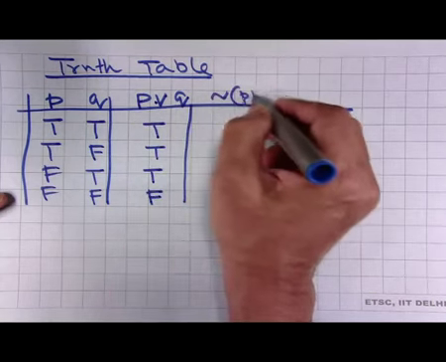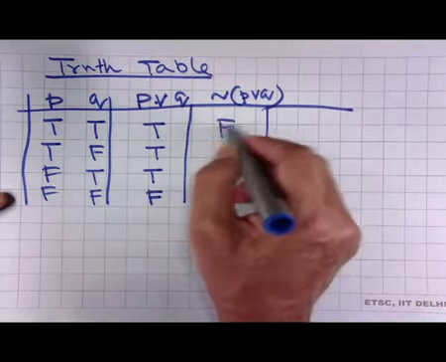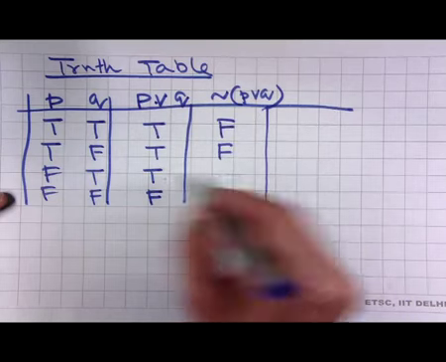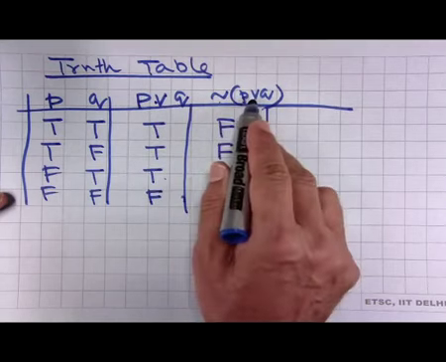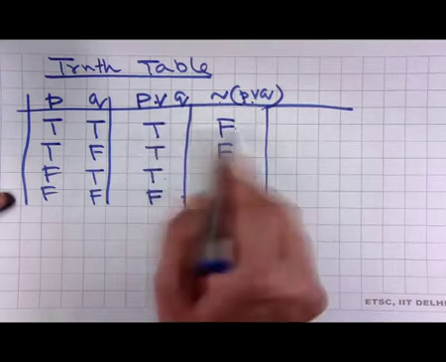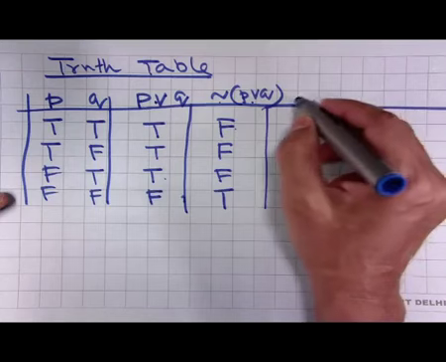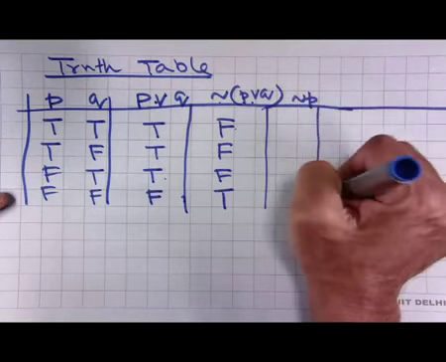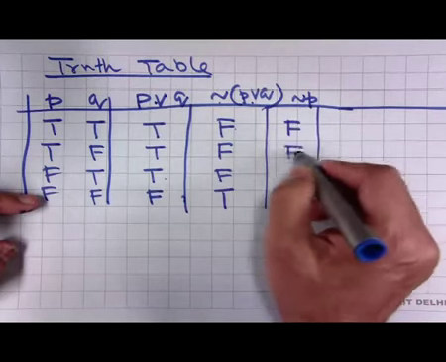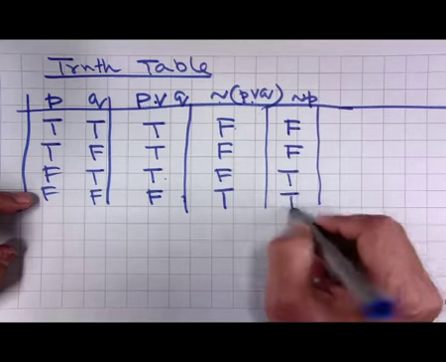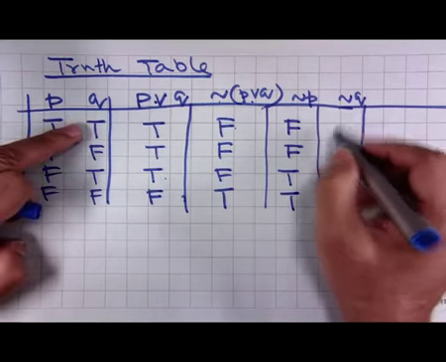Not of P or Q, this is false, false, false and true, because not of P or Q we will have the opposite truth value of P or Q, and we get this table. Now, what is not of P? Not of P is, we have T, T, F, F, here we will get F, F, T and T. Not of Q, we will have T here.